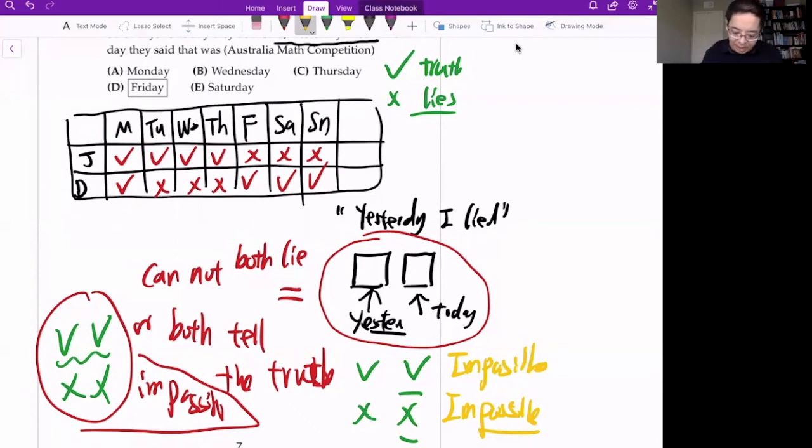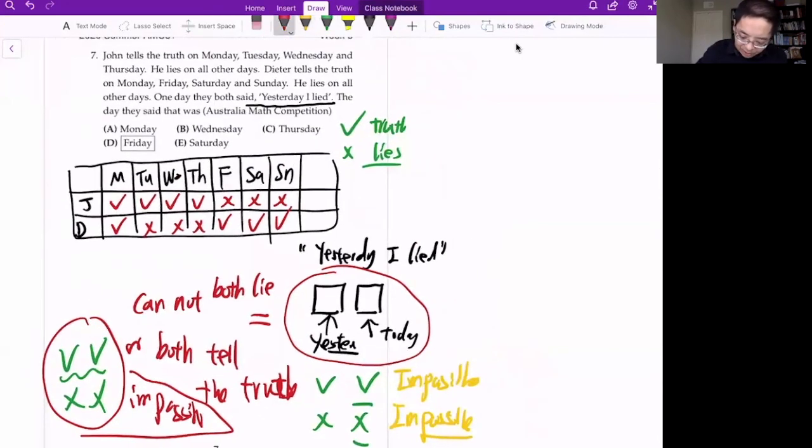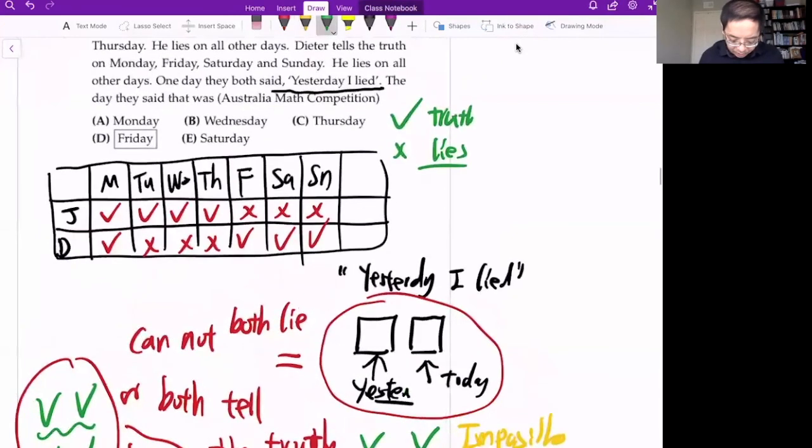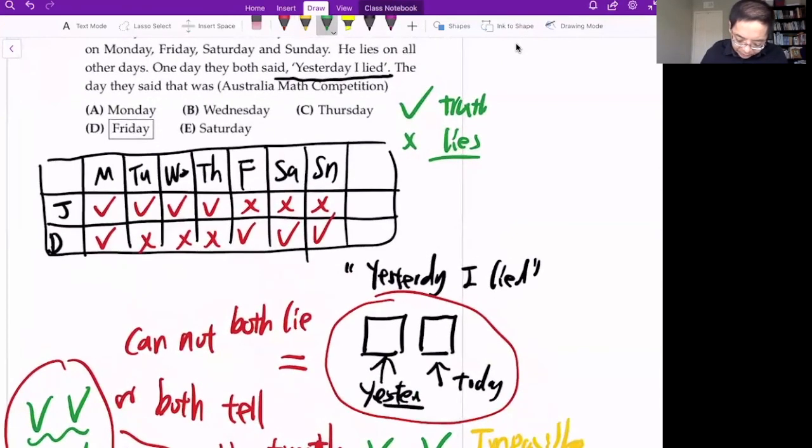Now, if you look at what we have here, for John, the only 2 days where we do not have two of the same sign is right here. That's the only possible case.